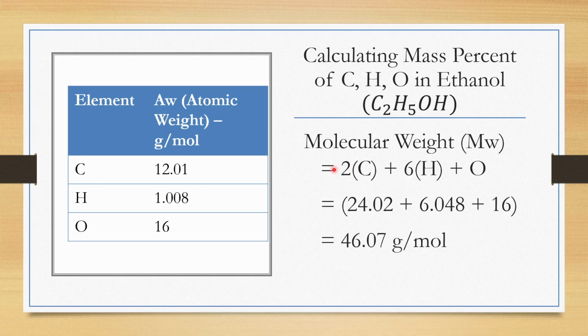And if we plug it into the equation, we get 2 times carbon, which is 12.01, plus 6 times hydrogen, 6 times 1.008, which is 6.048, plus 1 times oxygen, which is 16, which is equal to 46.07 grams per mole.